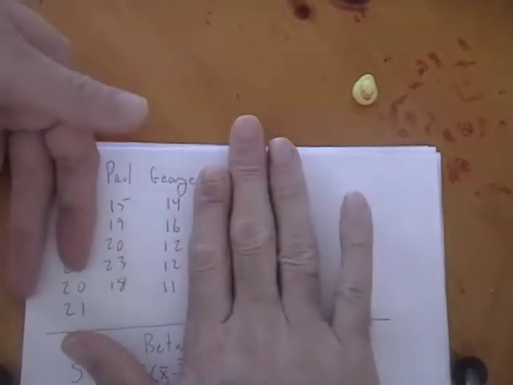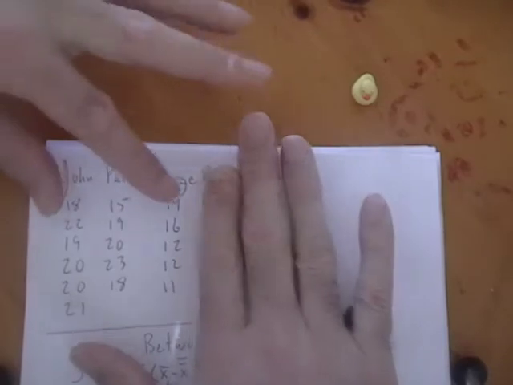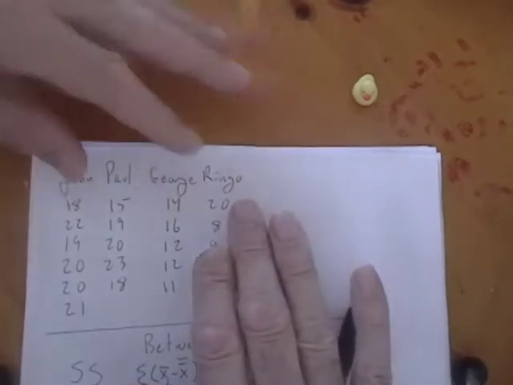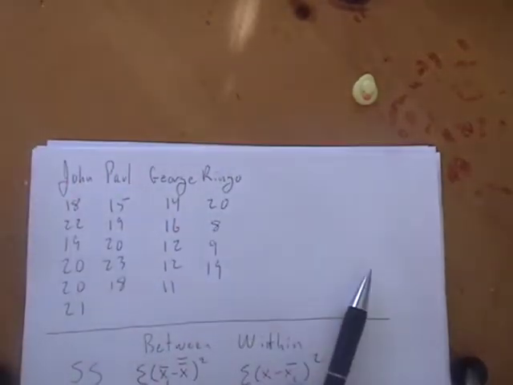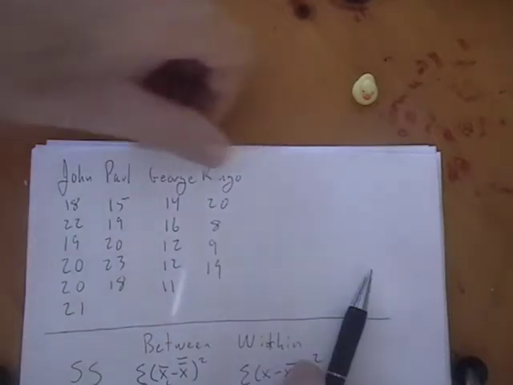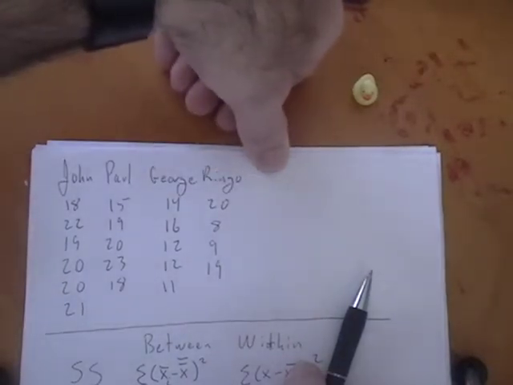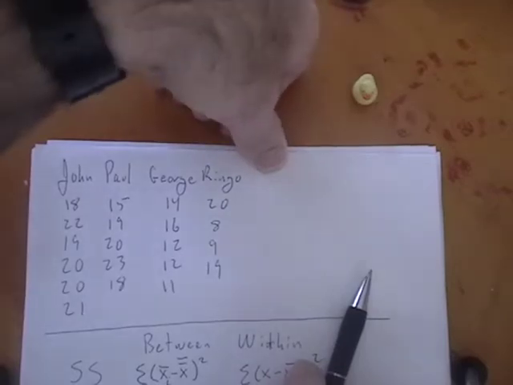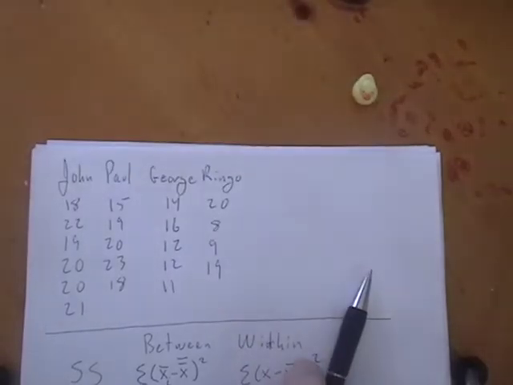You could have Paul and George. You could have Paul and Ringo, or you could have George and Ringo. So there are a total of 6 different pairwise comparisons. If you added a 5th member, then there would end up being 10.